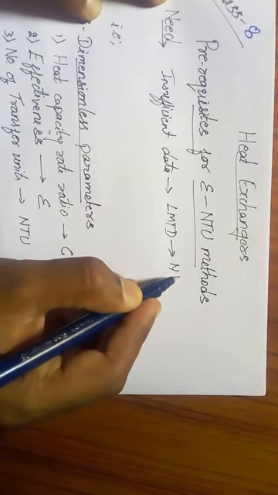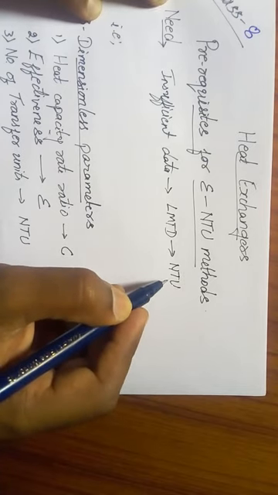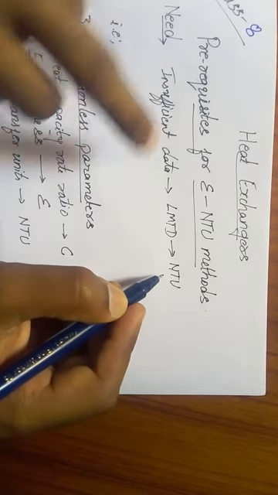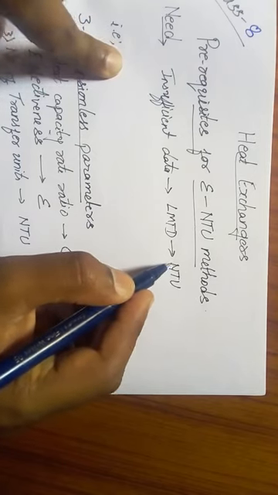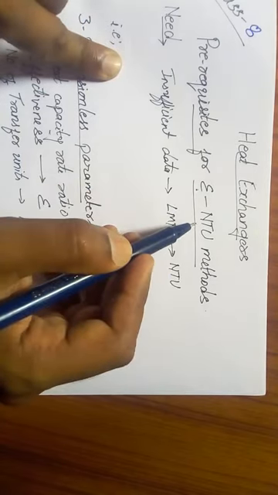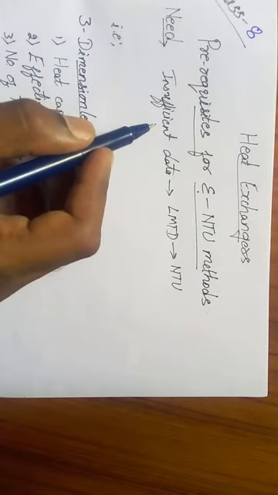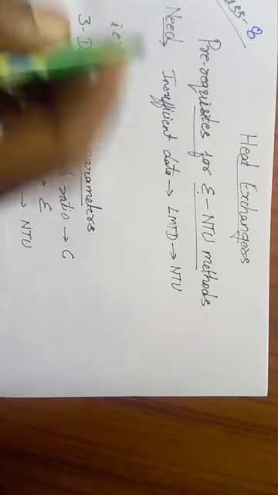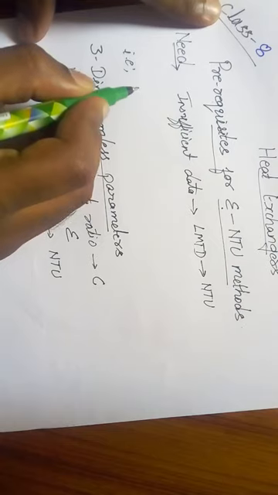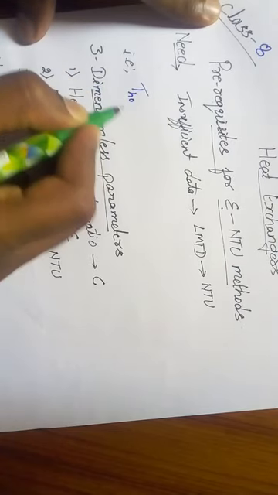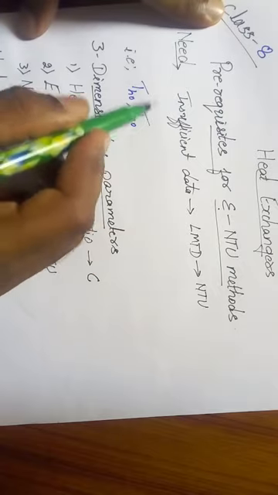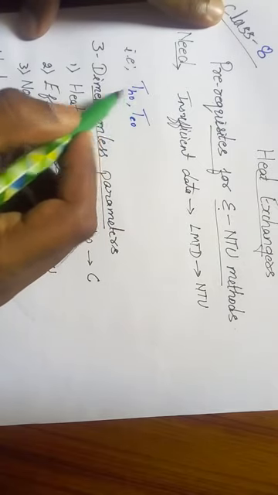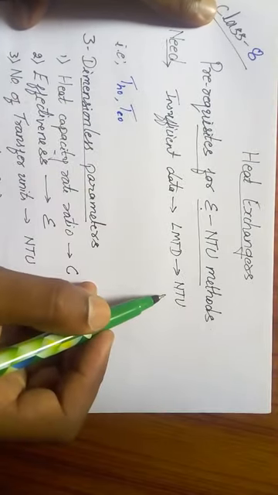Without some data, we can calculate effectiveness with the help of the NTU method. So what is the data? For example, the outlet temperature of the hot fluid and the outlet temperature of the cold fluid. Even if you don't know the outlet temperatures, we can still use the NTU method.